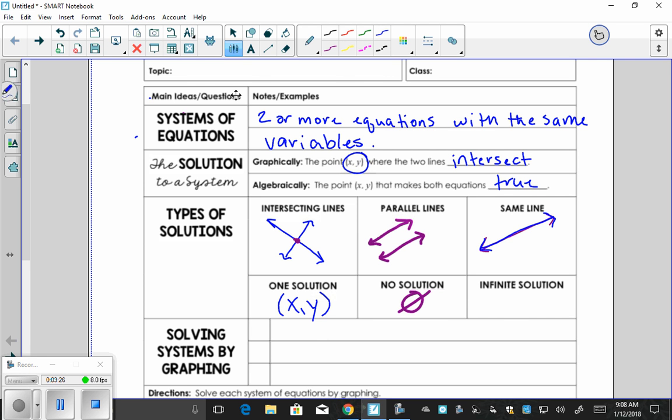Every point they cross again, right? However long it is. But does this line ever stop? So then, what kind of solution do you have? Infinite solutions. So you draw the infinity sign.